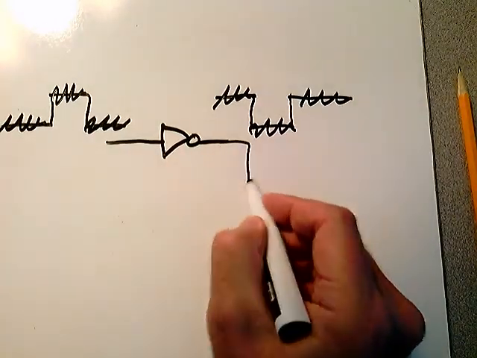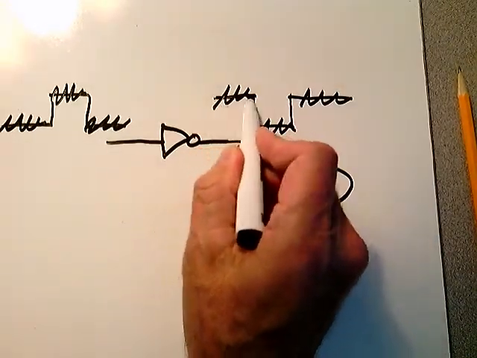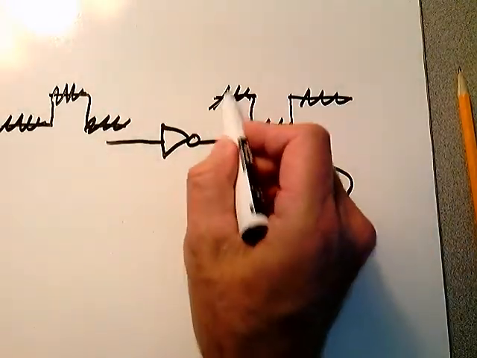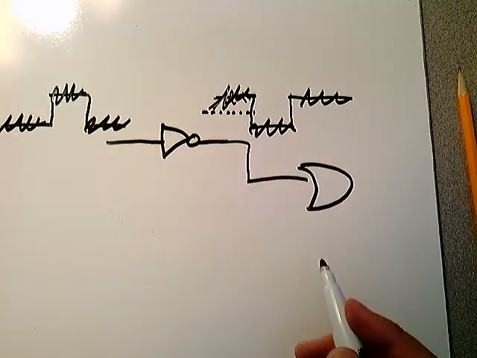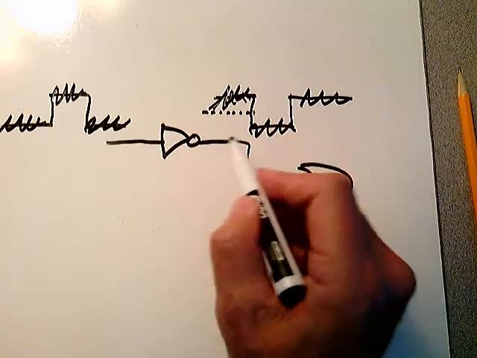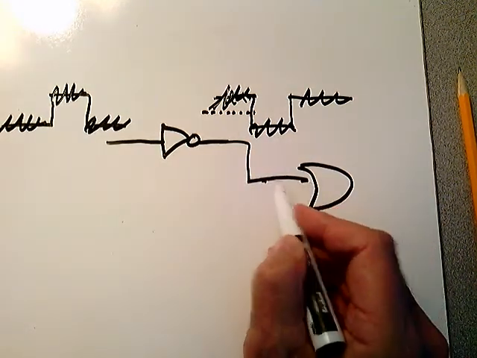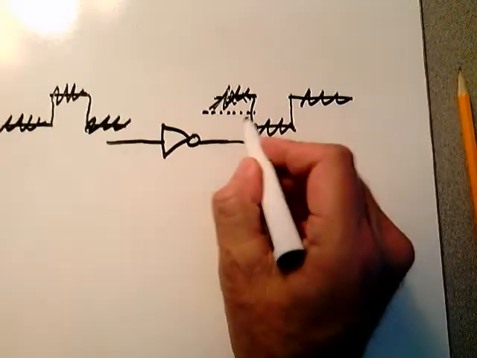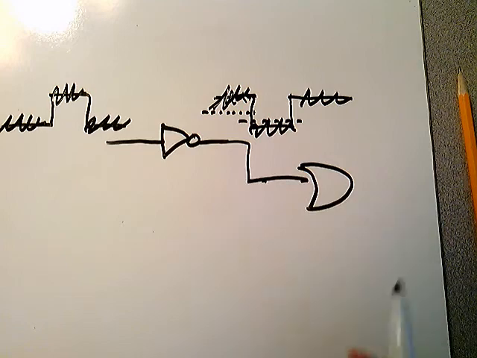If this is driving another circuit and you expect it to be high, what about this noise riding on here? It's going to take the value down to a lower point. And if you expect it to be low on this line, this OR gate is going to expect it to be no higher than a certain value. That's where these voltages come into play.